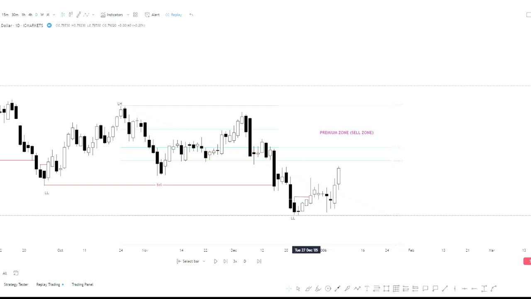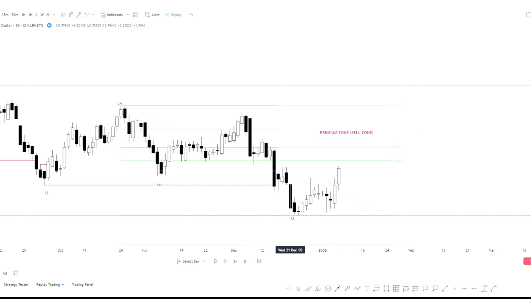So this is really important to remember when you want to confirm your valid pullback and new lower low in a downtrend, and new higher high if you are in an uptrend. Now we have a confirmed valid pullback and a confirmed lower low. I'm not going to adjust Fibonacci or the trading zone anymore.